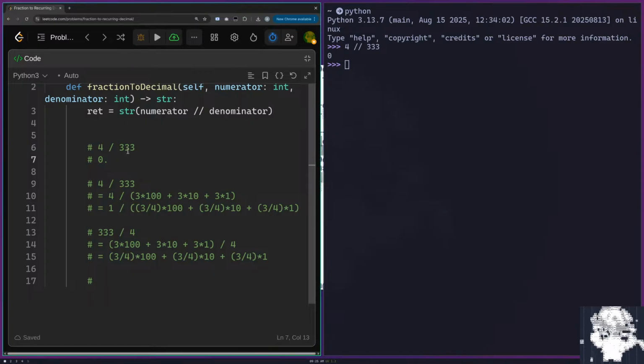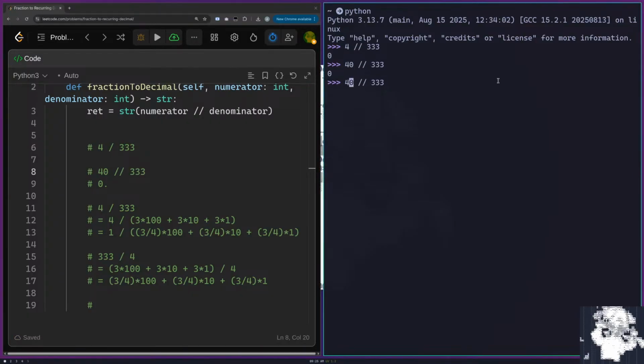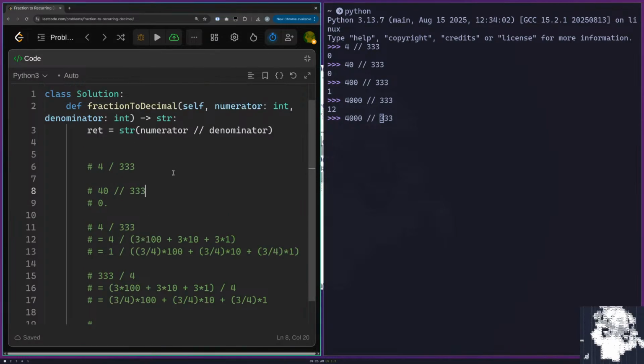Then how could we find the first number after the decimal? It would be something like, how many times does 333 go into 40? Or 40 divided by 333. And then 400 divided by 333 gives us the first 1. And then another 0 gives us 1, 2. That looks promising.